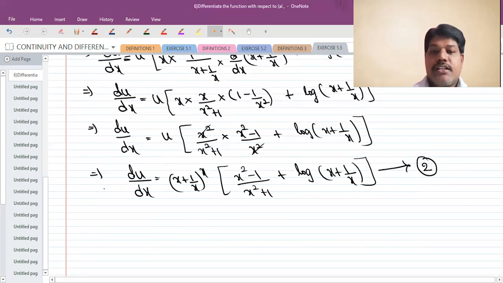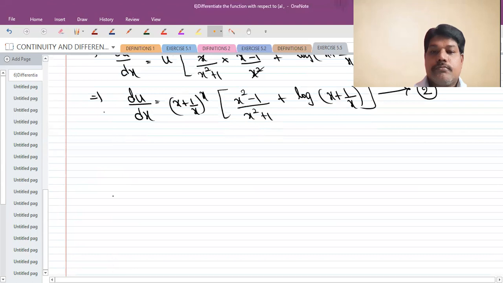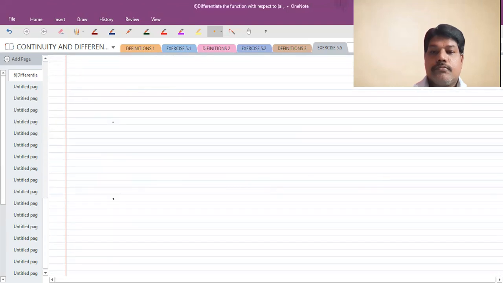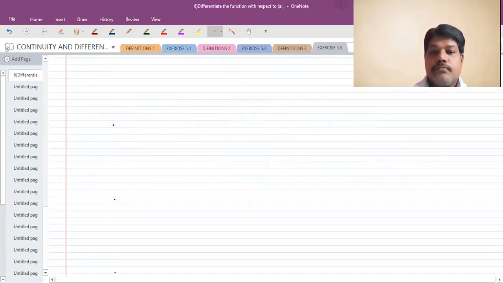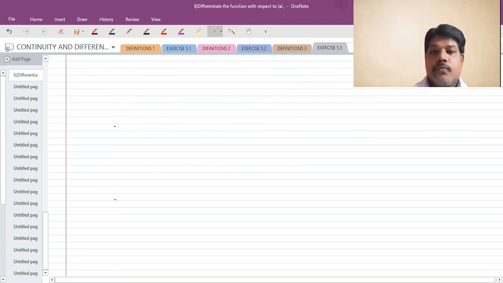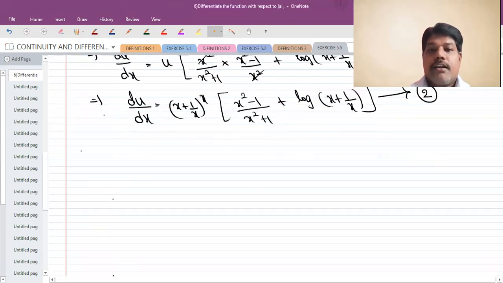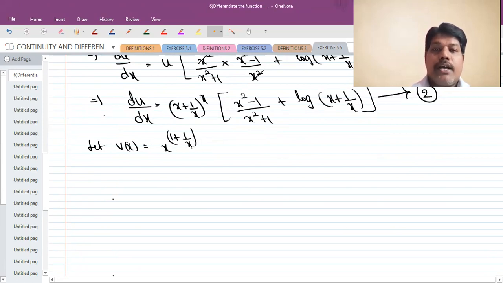So next, let v of x be equal to x power 1 plus 1 by x.